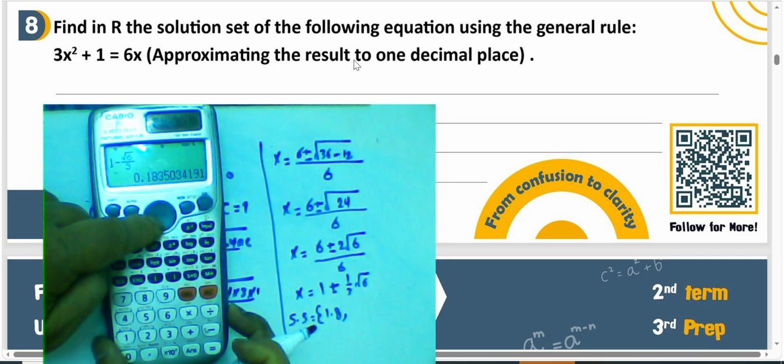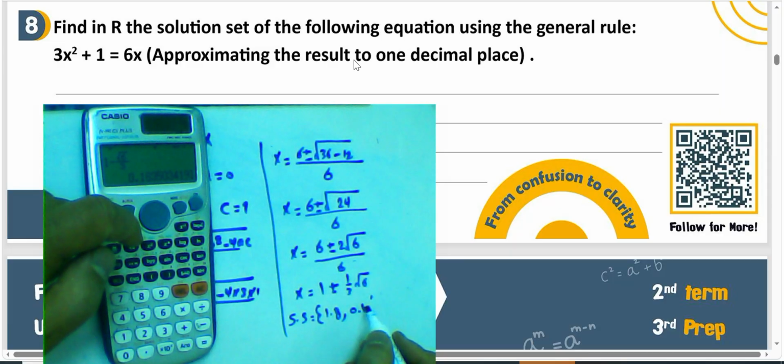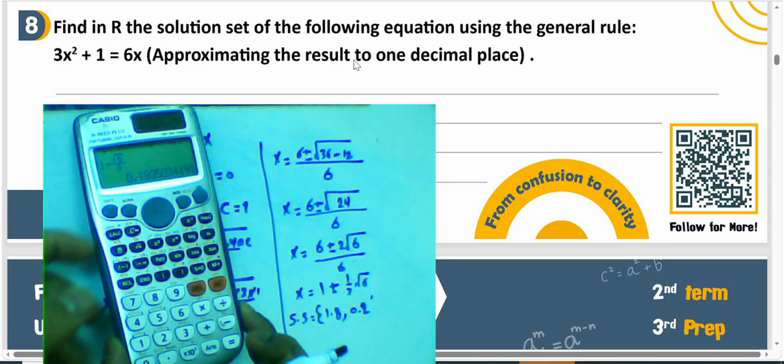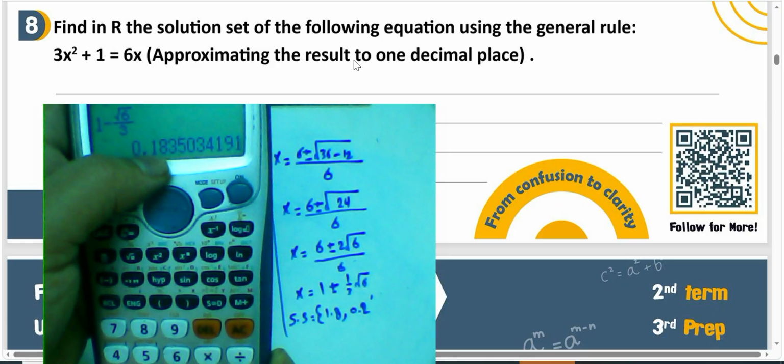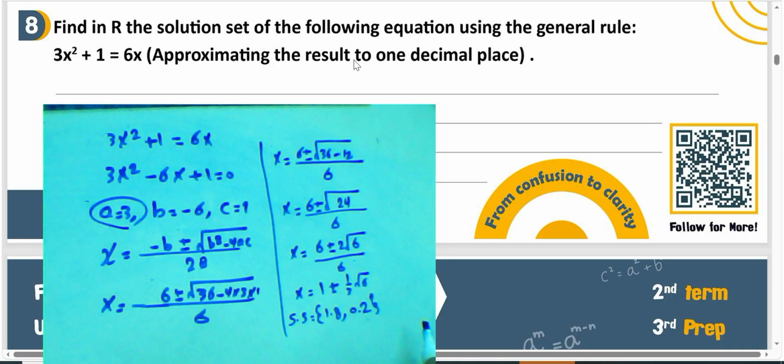The result will be 0.1 and 8. We can approximate, meaning here we can approximate, giving 1 to the left-hand side, then 1 will be 2. Okay, then we have two solutions.